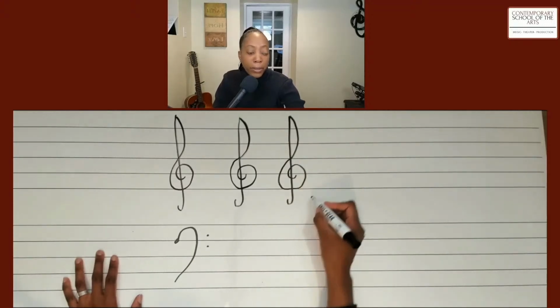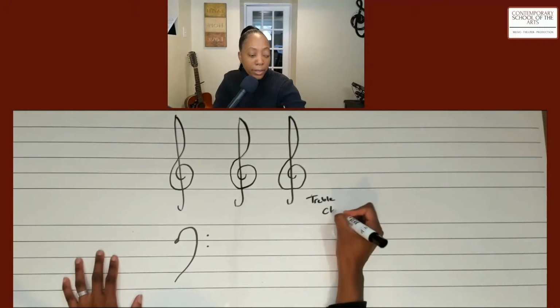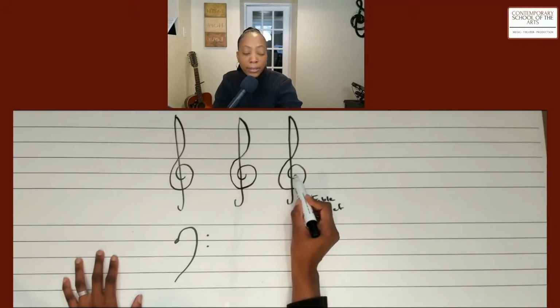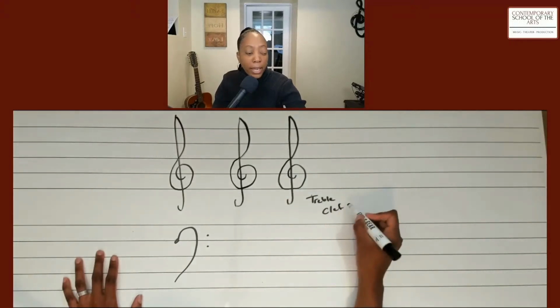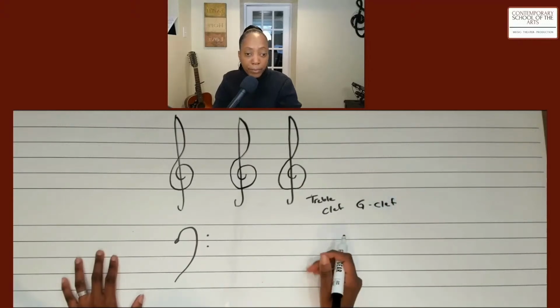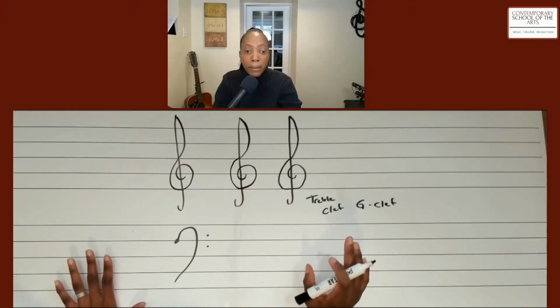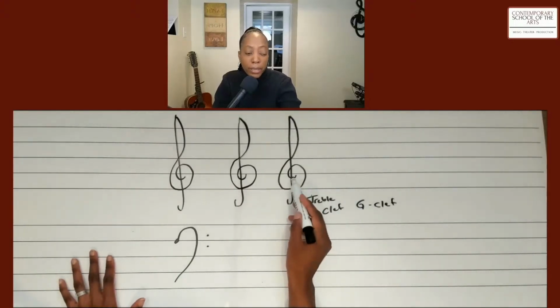Now, we call this the treble clef, but the reason why we're circling the 2nd line is because this is the line that's note G, and it's also known as the G clef. Now, we haven't discussed note names yet, but I wanted to mention there's a reason why you want that curve to circle the 2nd line.